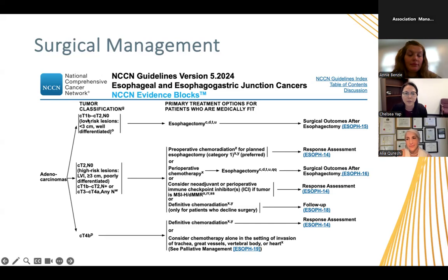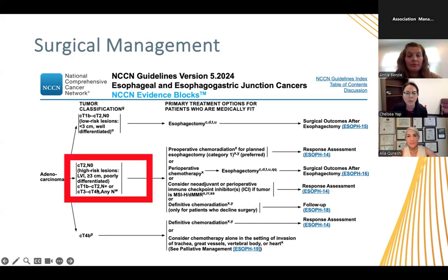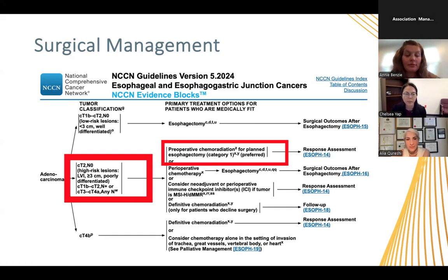For that first class, T1Bs, that would be an upfront esophagectomy. Our patient had T3, so any T2, T3, or any N nodal disease patient would be in this class. These patients undergo preoperative chemoradiation with a planned esophagectomy, which is what our patient underwent. And then you can see through the flow chart that if they had T4B disease, invading unresectable structures, it's just definitive chemoradiation.